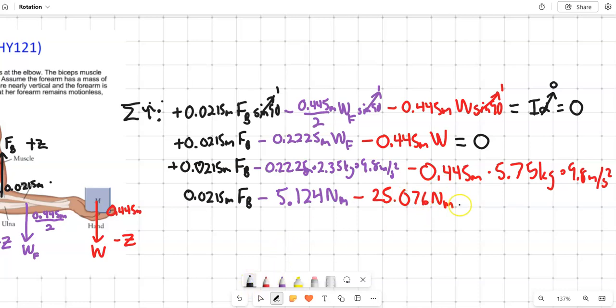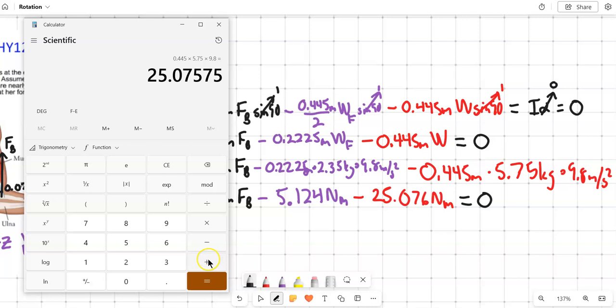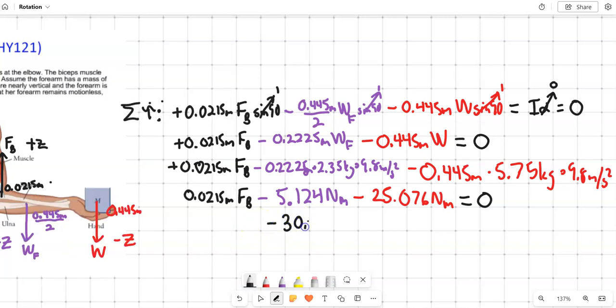And again, that's equal to 0. So now let's put these two numbers together. We're going to add to that 5.124, which is 30.199. I'll call that 30.20 Newton meters when you put the red and purple together.